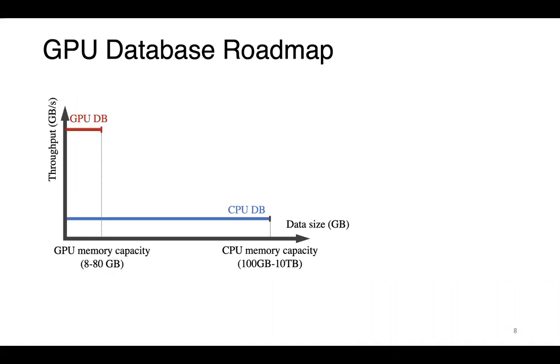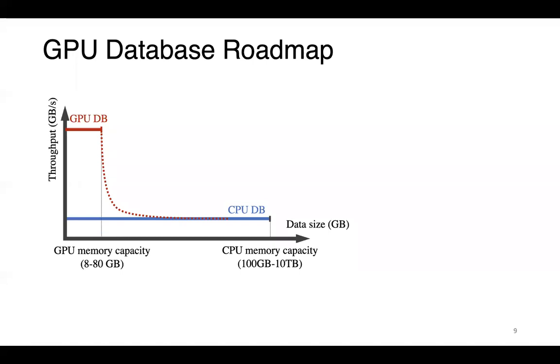For GPU, the throughput line is going to be much higher since GPU has a much higher memory bandwidth. But the line is going to be shorter since the GPU memory capacity is quite limited. And therefore, beyond this point, the performance will drop significantly since the data has to be transferred from CPU to GPU.